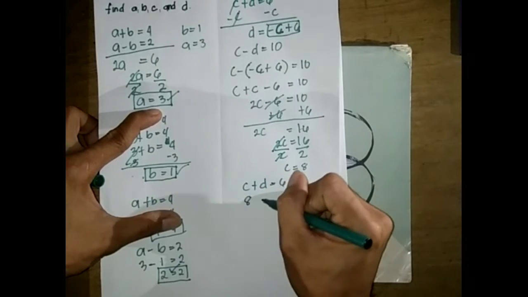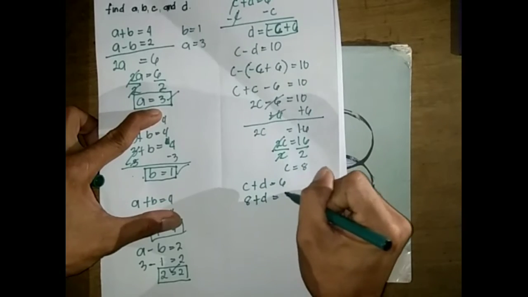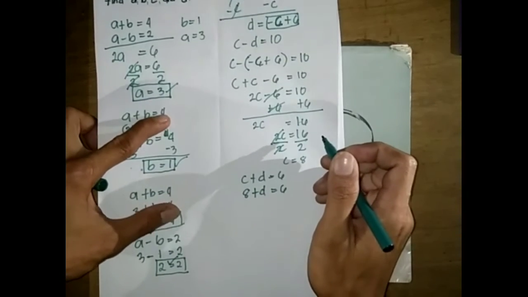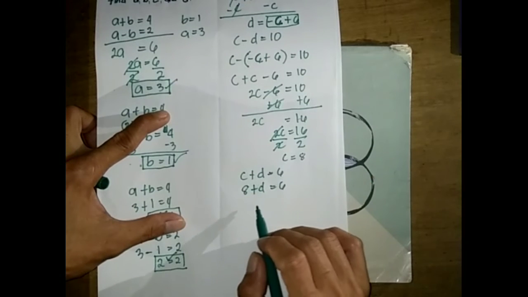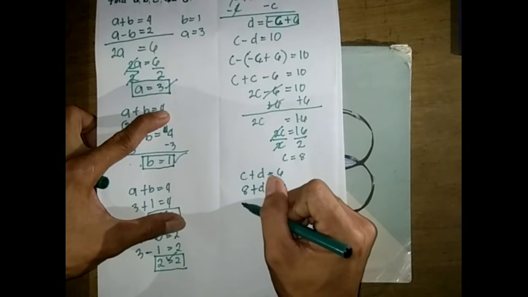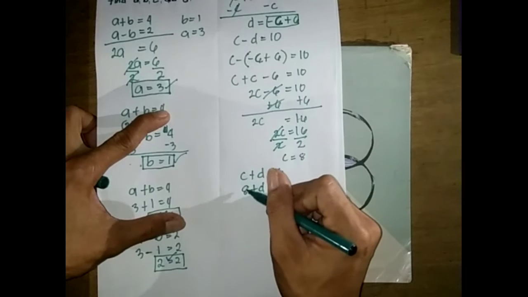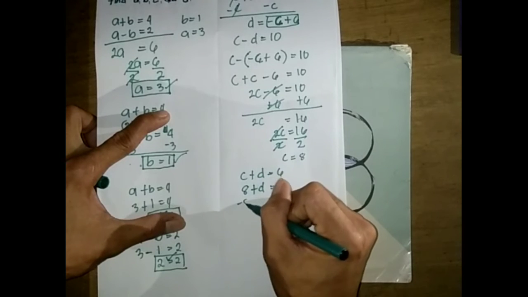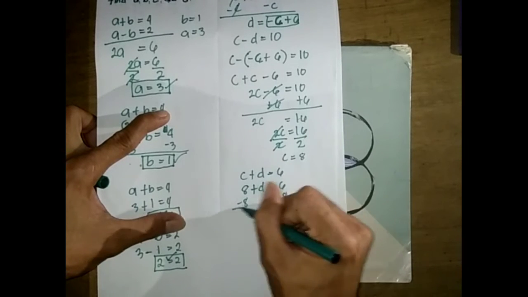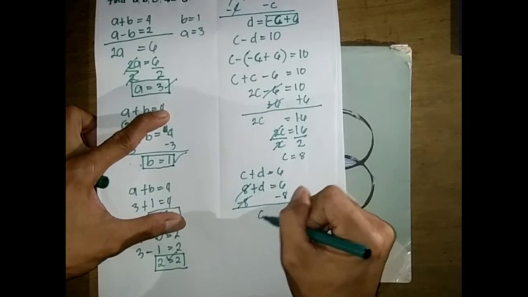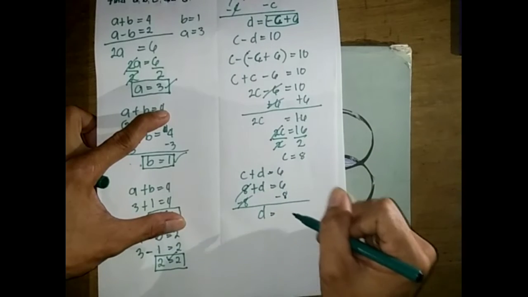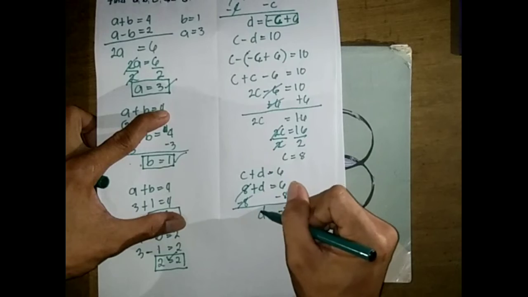So 8 plus D is equal to 6. Then add both sides by the inverse of 8, which is negative 8. Cancel, bring down D. 6 minus 8 is equal to negative 2.